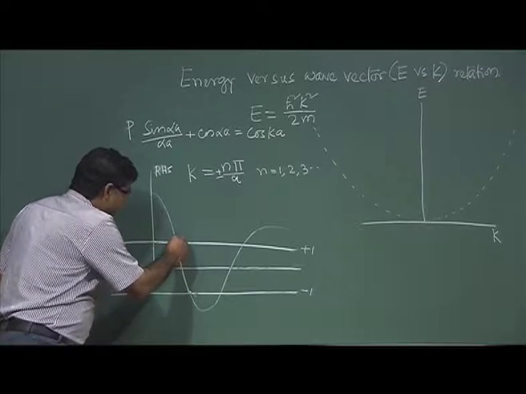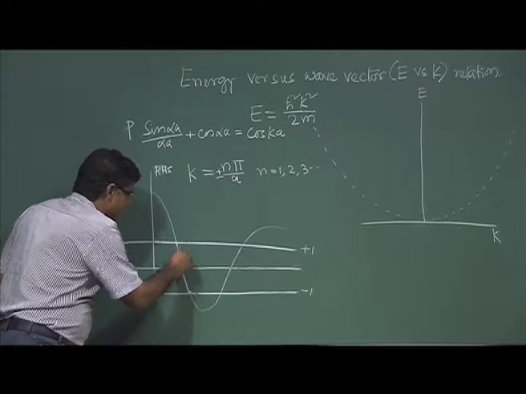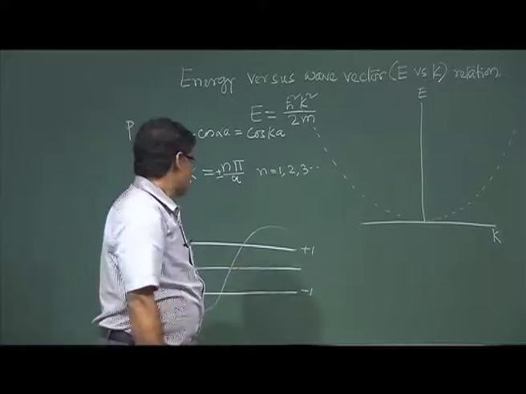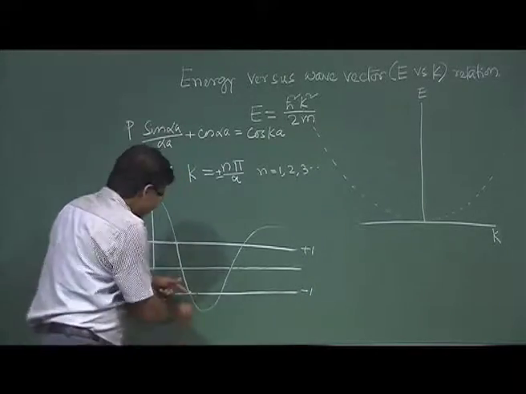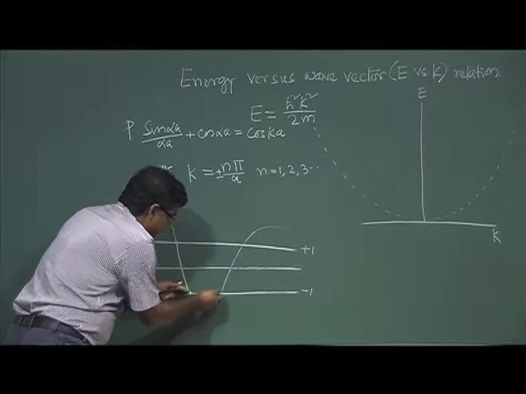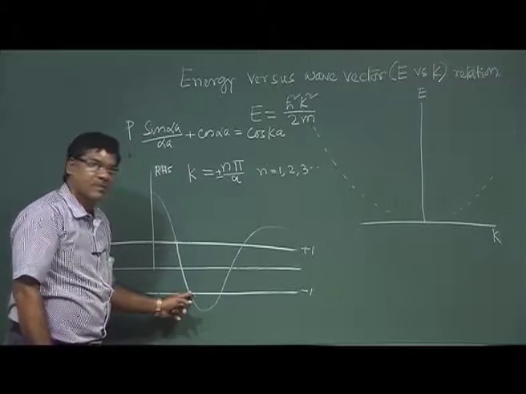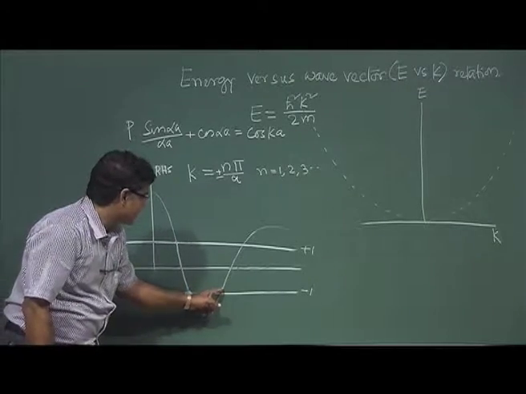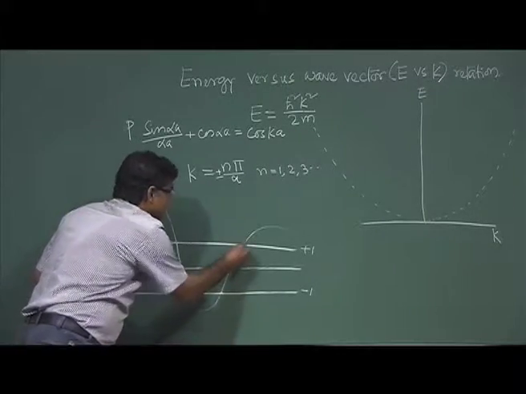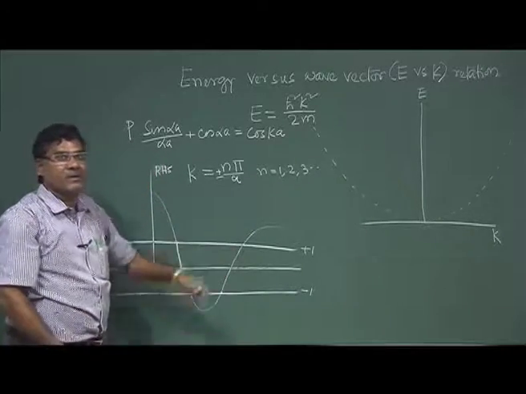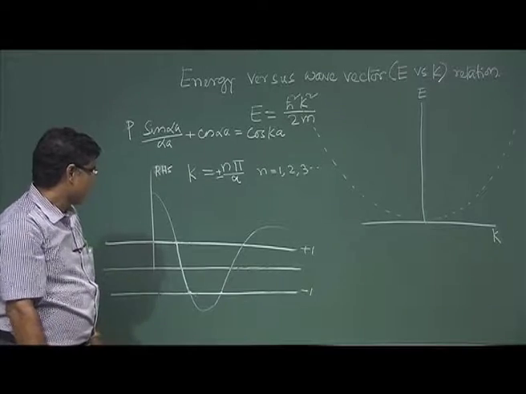So this k is continuous, right, and then there is a discontinuity here. Again k value starts from here, and between these two again these k values will be allowed, okay.